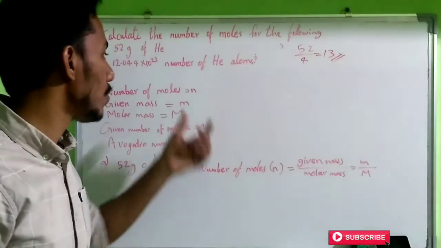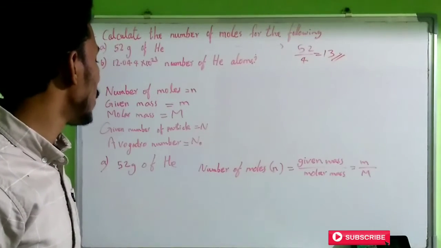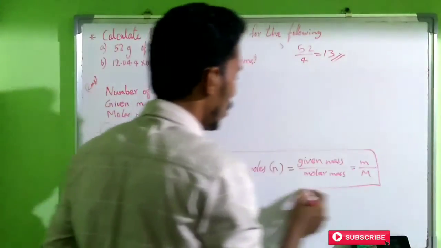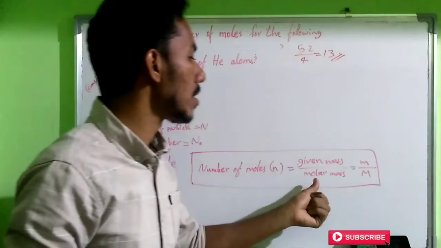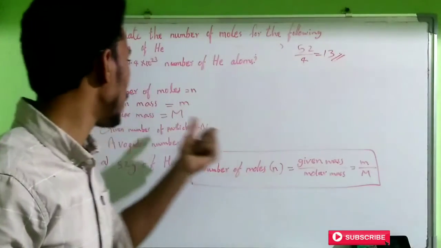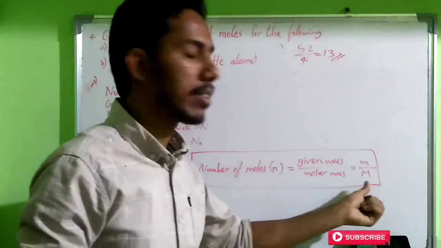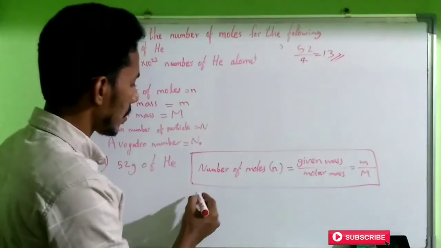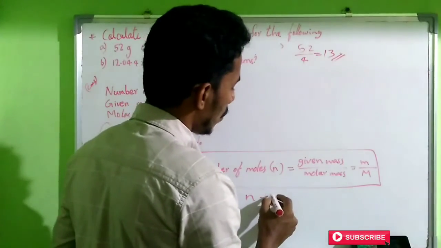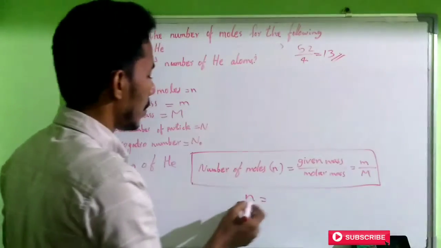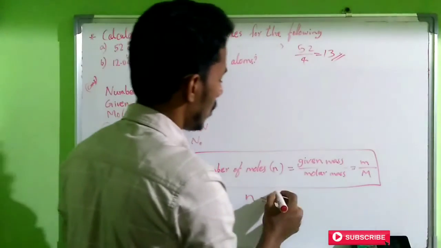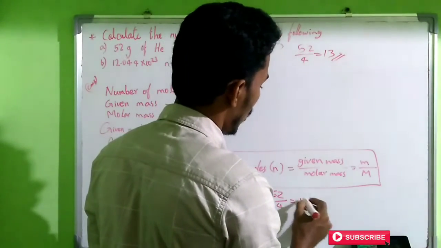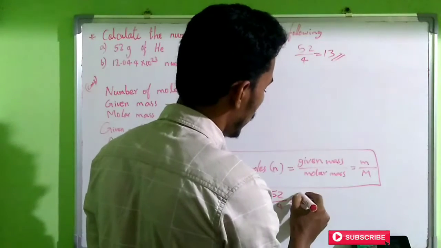It may help you. That is why I write here. This is the way to solve this problem. Okay. So then the question, 52 gram of helium. Then there is an equation. Number of moles is equal to given mass by molar mass. Given mass is represented as small m. Molar mass is represented as capital M. So n is equal to m by M, means given mass 52 divided by molar mass 4.